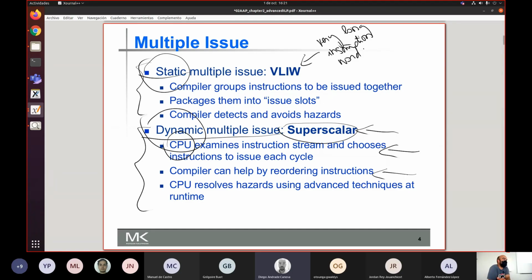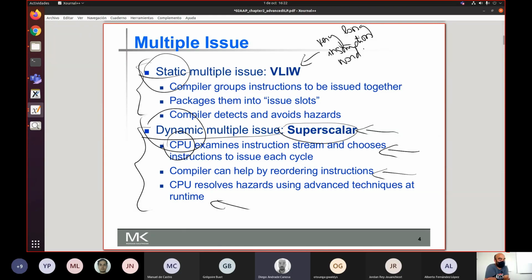So sometimes the compiler can help because it changes the code to create multiple issue opportunities for the processor, okay? But this is not something that happens all the time. And the CPU is going to resolve hazards using advanced techniques during runtime. And you will see that this is going to complicate the design of the processor a lot.